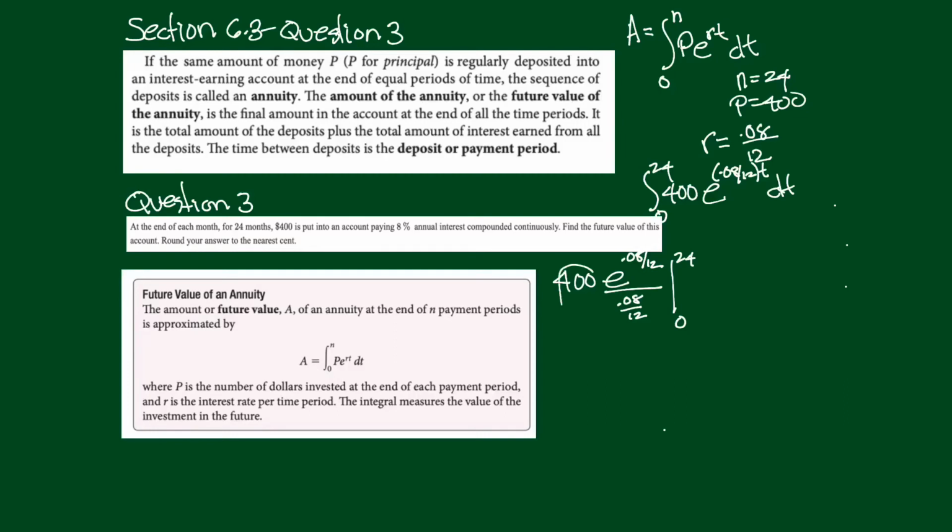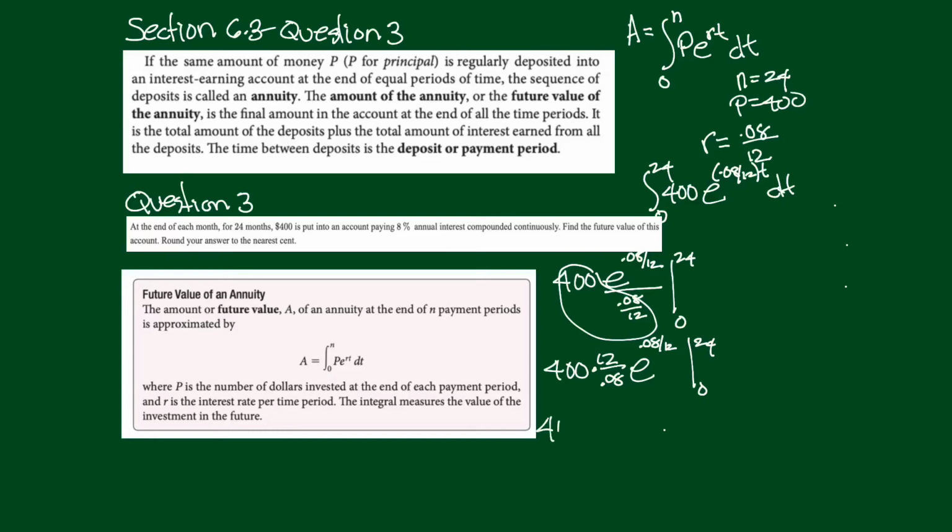So I'm going to do something with this right here. This is going to be 400 times 12 over 0.08, and then e to the 0.08 divided by 12 t from 0 to 24.